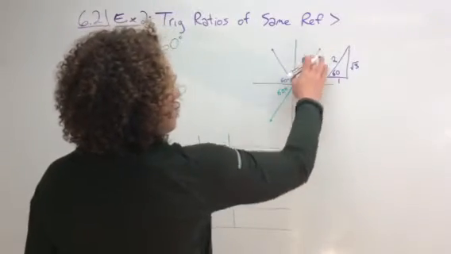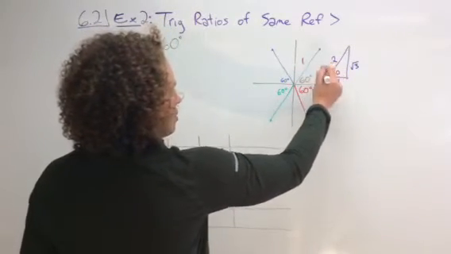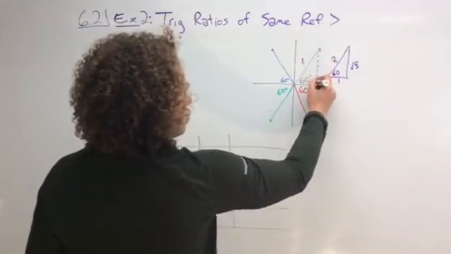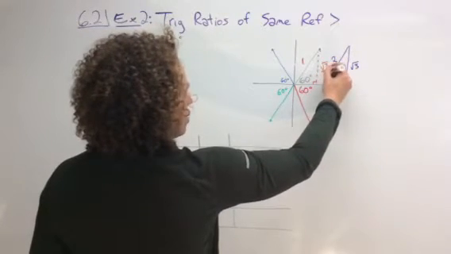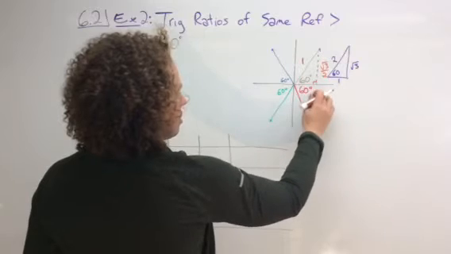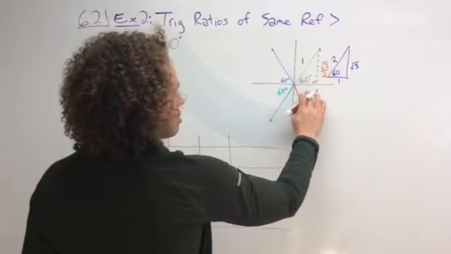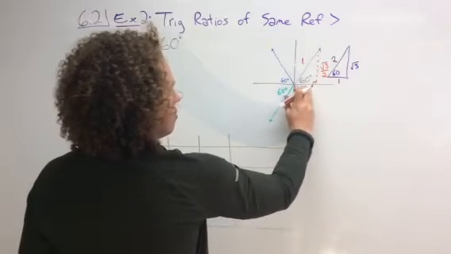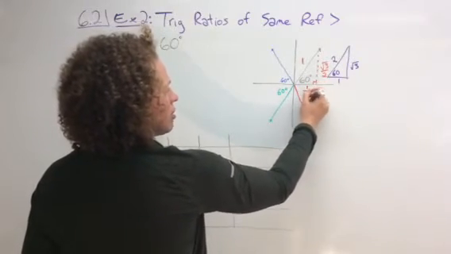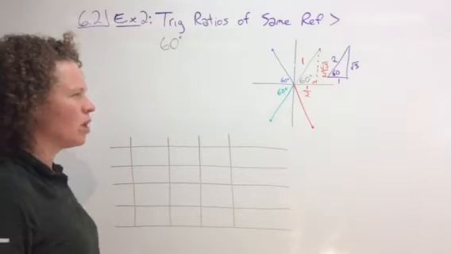So if this equals 1 and that one was 2, then this side will be half of what it was there. So this one will be root 3 over 2. And this one down here will be 0.5, or I guess we could agree with your textbook and write it 1 over 2.